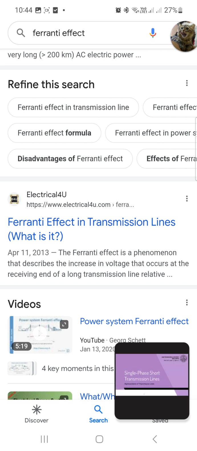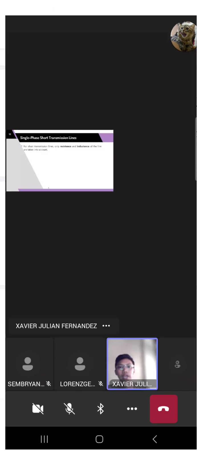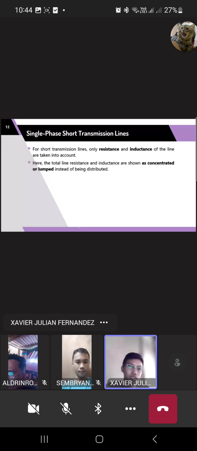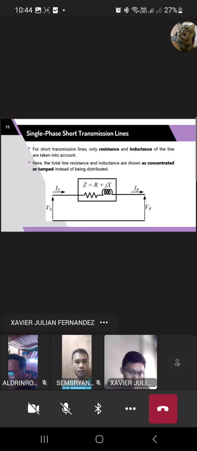So for short transmission lines, remember that only resistance and inductance are taken into account. And for a short transmission line, the way we represent it is that we lump our distributed parameters into one group, or one impedance.